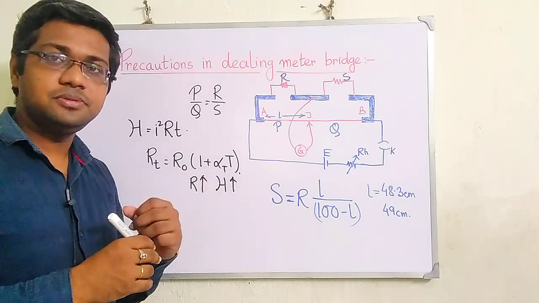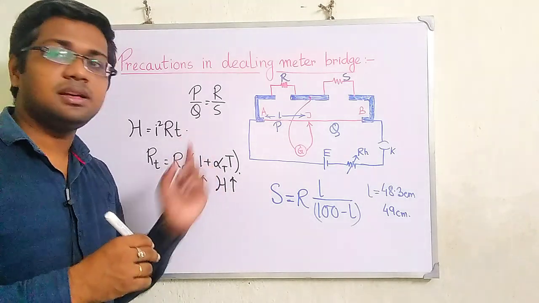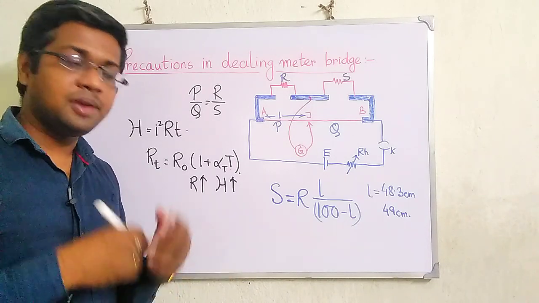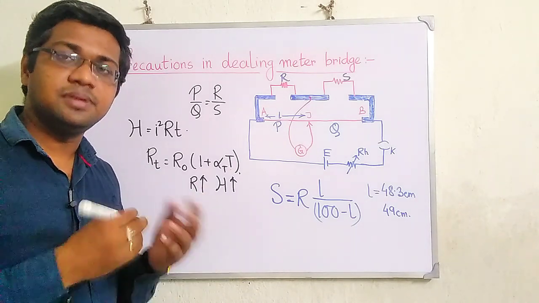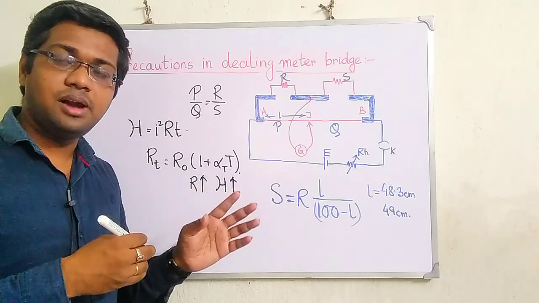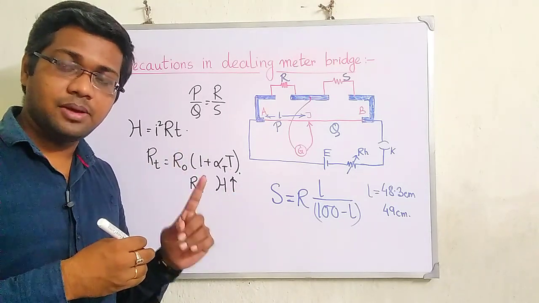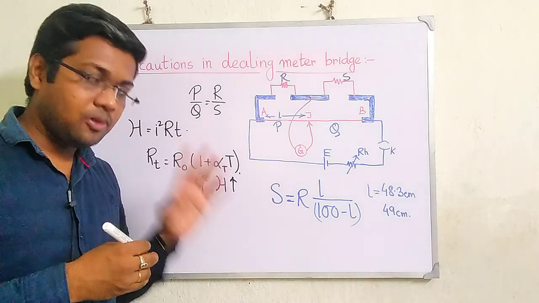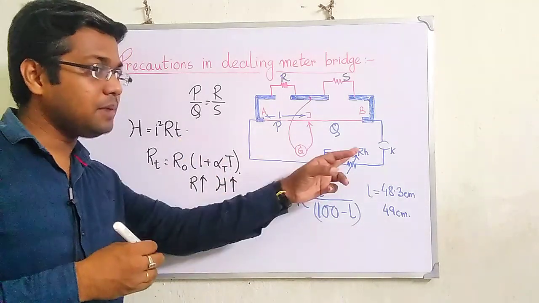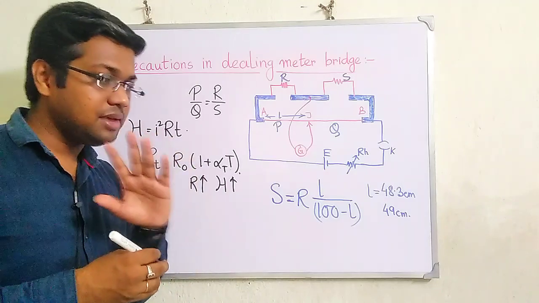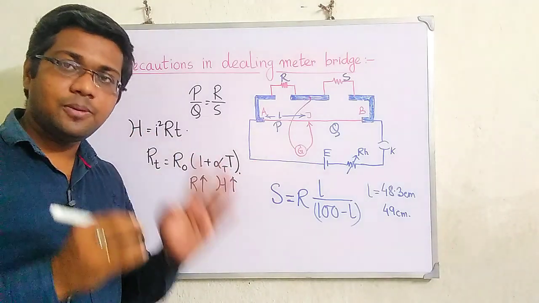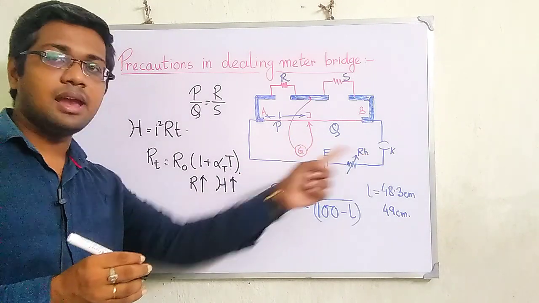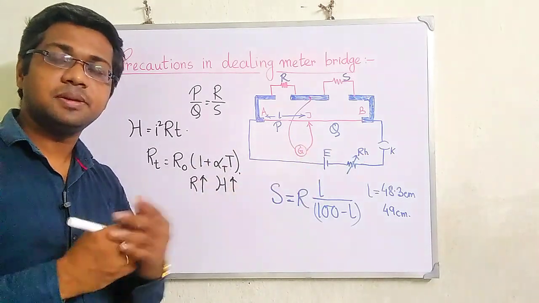What do we have to do? We have to decrease the time of flow. How can we decrease it? We can take the readings in intervals. At first we take one reading, one null point. After obtaining it, I unplug the key and make the connection off, wait for 2 minutes, and then plug in the key again and switch on the circuit.